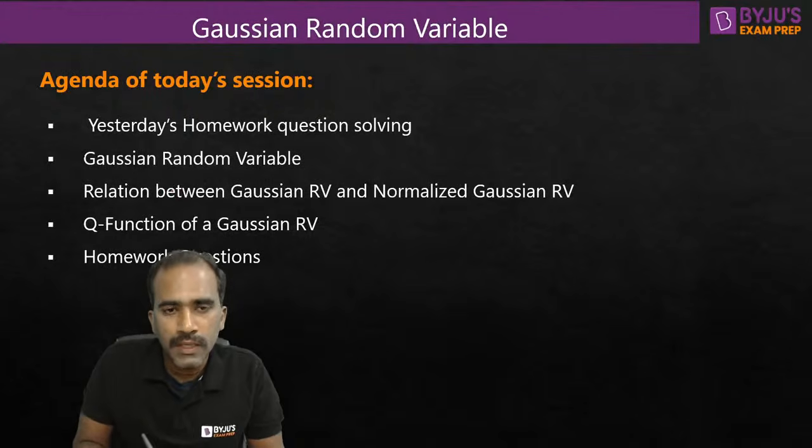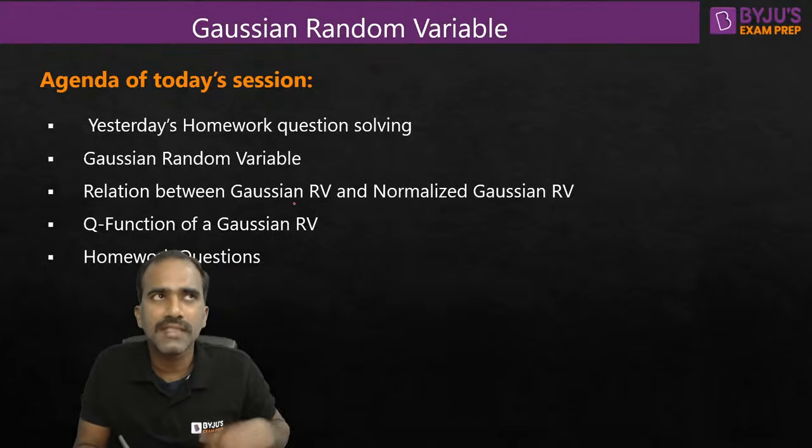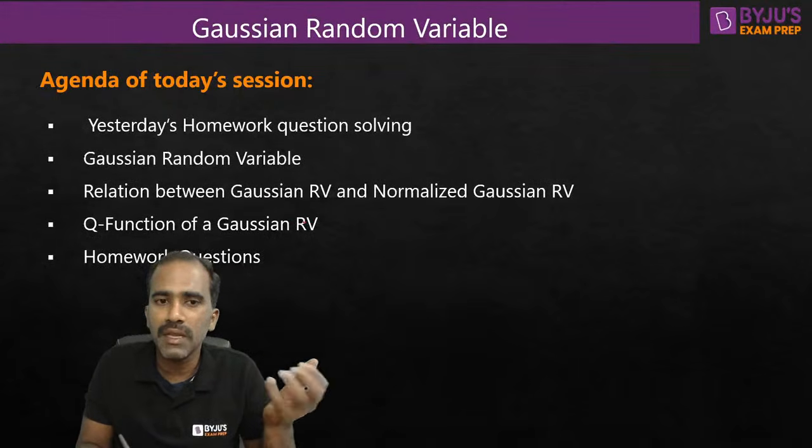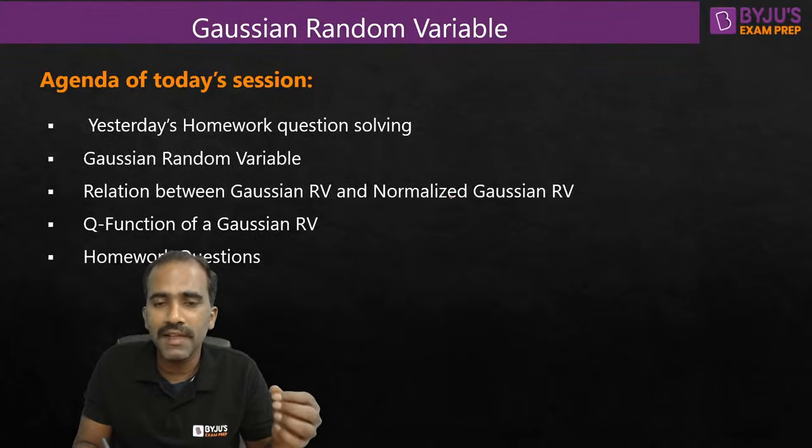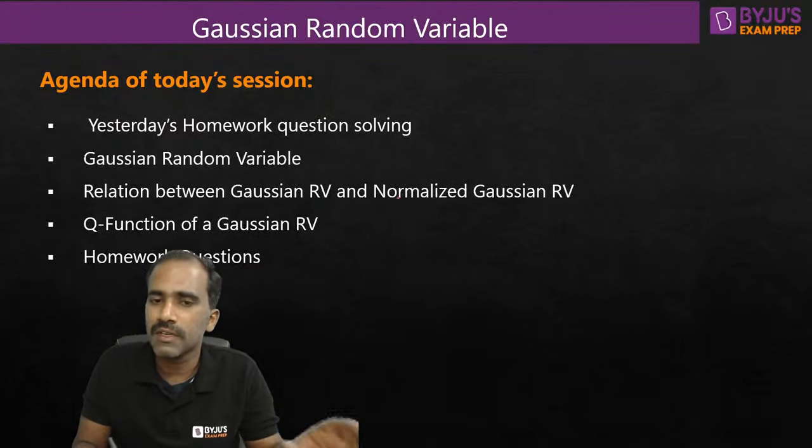Next, what is the relation between Gaussian random variable and normalized Gaussian random variable? When I say Gaussian random variable, it can have any mean and any variance. When I say normalized Gaussian random variable, a Gaussian random variable with zero mean and variance of 1 unit, we call it normalized Gaussian random variable. These two should have some relation, and we'll talk about what exactly that relation is.